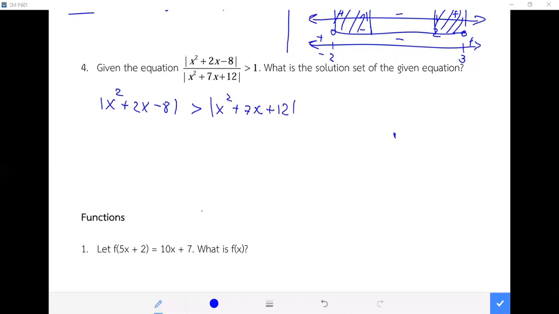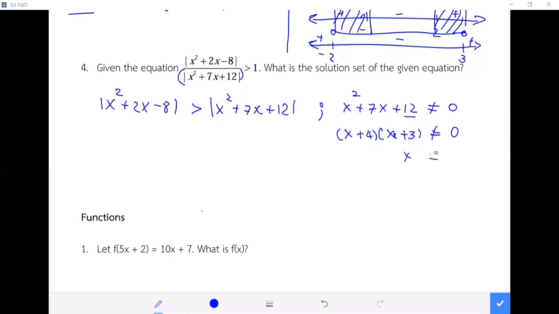But anyway, you need to set a condition that this divider, x squared plus 7x plus 12, you don't want it to be equal to 0, because it's not okay to divide anything by 0. Then factorize to find the x. 12 is 4 times 3, because you want to get 7, so it's plus and plus.